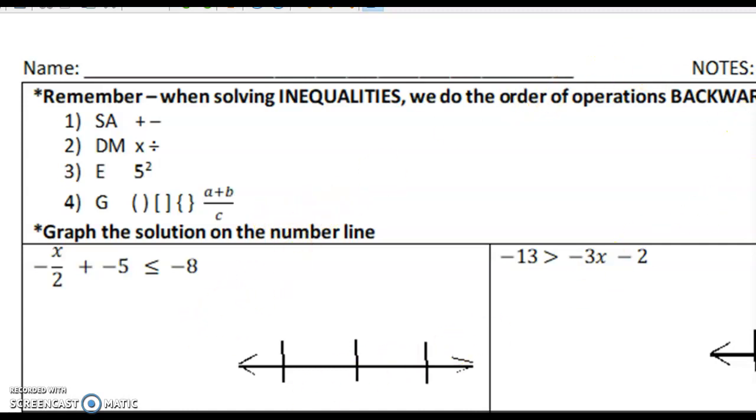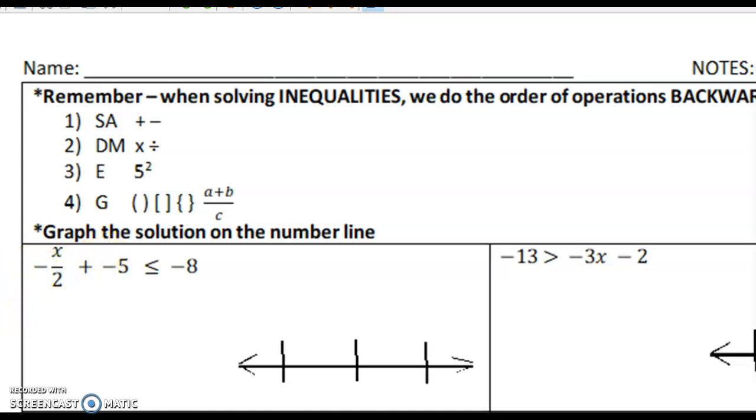So when we look down here at our examples, remember we're going to figure out the journey of x first and then do the opposite and backwards to solve it. So the journey of x here looks like we're dividing by 2 and there's a negative inside in front.